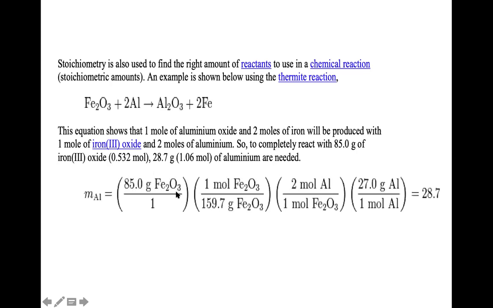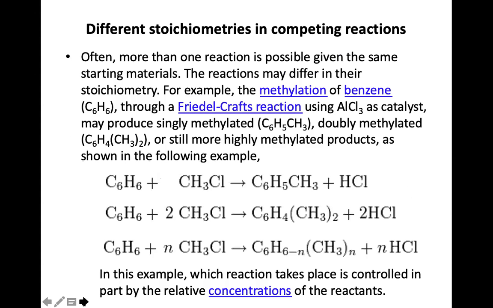So you can easily get it. You can calculate how many grams of aluminum are required to react completely with the iron oxide. So you can do different stoichiometric calculations in competing reactions.